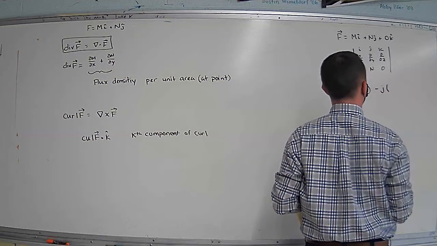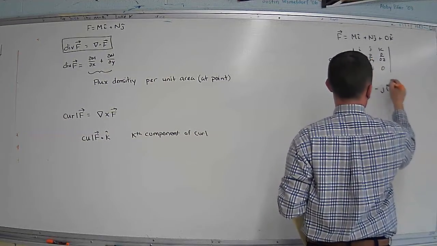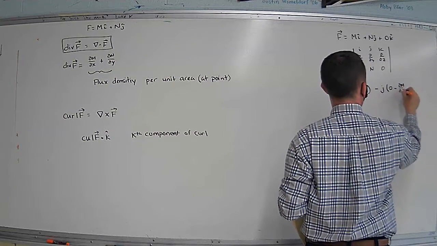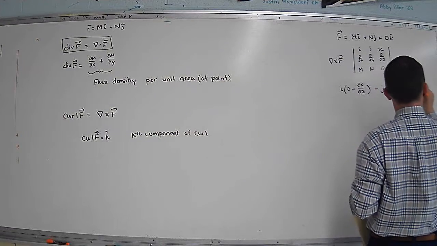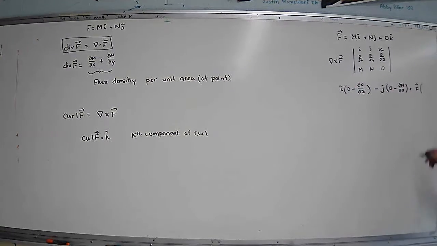The j component is going to be the partial with respect to x of 0, which is 0, minus the partial of M with respect to z. Plus the k component is going to be the partial of N with respect to x minus the partial of M with respect to y.